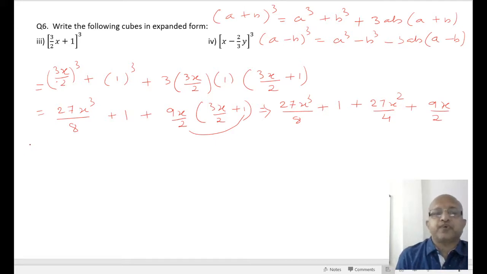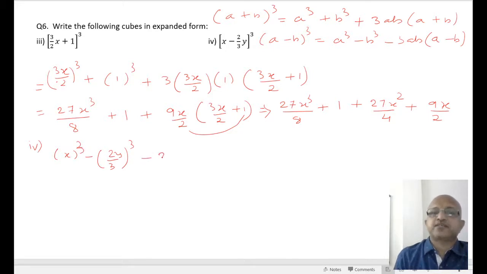Now the fourth one, it is same, only the fraction and all is given, and here it is a minus. So first term cube, right? Minus second term cube, that is we can write this also.